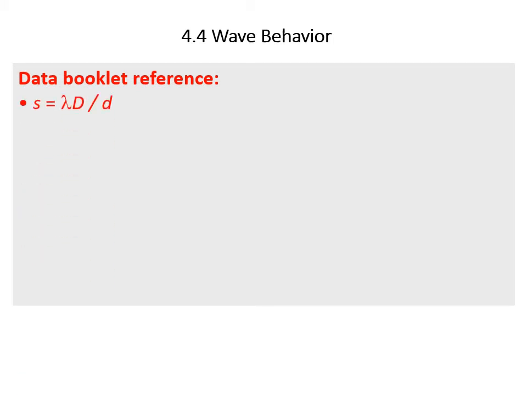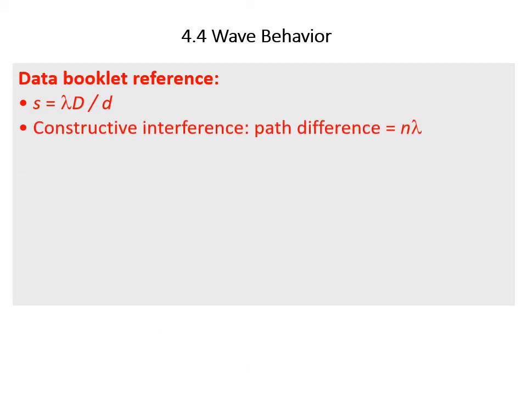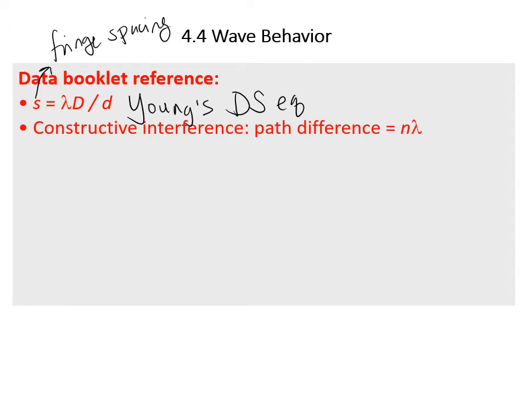We have the Young's double slit equation for the first one. The s stands for fringe spacing. Lambda is the wavelength of light.